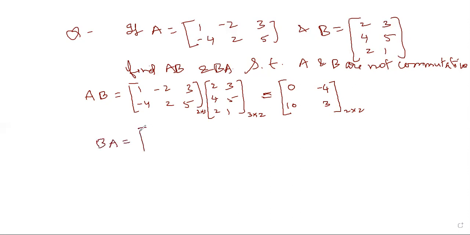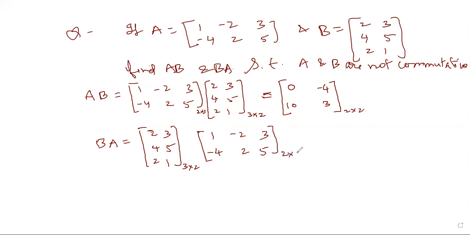And then we will find B into A. 2, 3, 4, 5, 2, 1 has 3 rows and 2 columns. It is multiplied with 1 minus 2, 3 minus 4, 2, 5, which has 2 rows and 3 columns. Again, we will get 3 by 3. They are not equal. Their order is different.